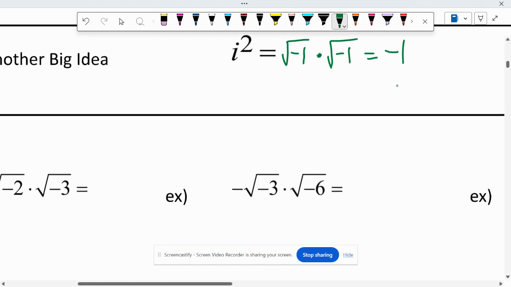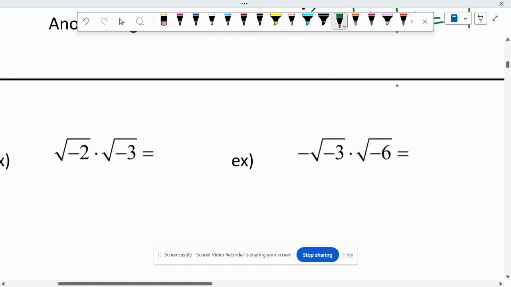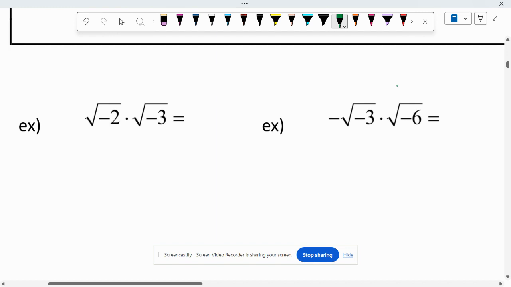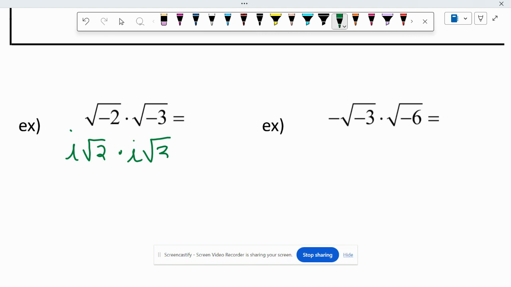So let's take a look at that. When I break this up, I really have i times the square root of 2 times i times the square root of 3. If I simplify that, let's see, i times i is i squared, and 2 times 3 is 6.